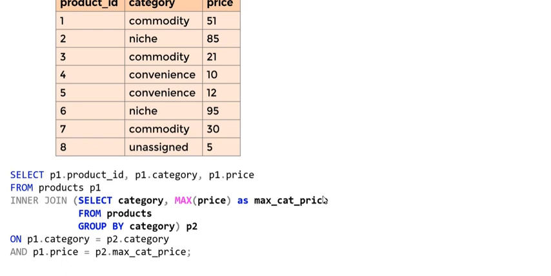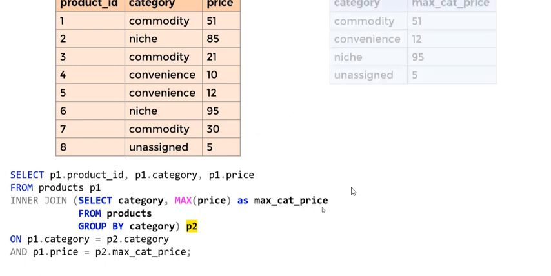Here the subquery has been aliased as P2, and the subquery groups the products by category and calculates the max price for each category, and we call that column max_cat_price. So the subquery table looks like this.